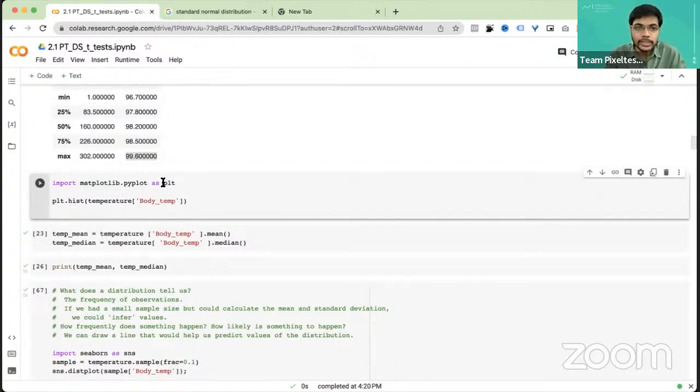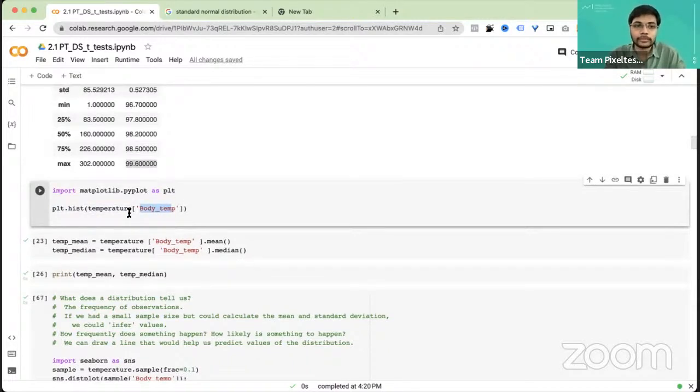We are using plt as an alias, so instead of writing matplotlib.pyplot every time, we just say plt. That is why this alias step is helpful. Now every time we can just say plt.hist. This will generate a histogram on the body_temp column from the data frame temperature.